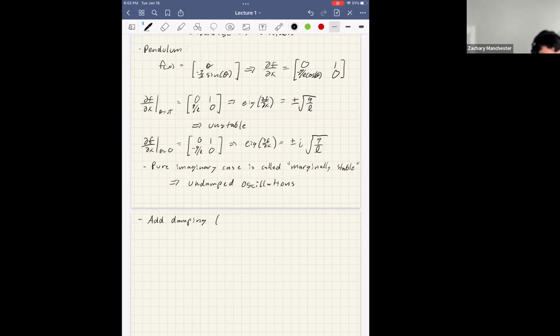So if I, for example, wrote down a feedback controller and I set u equal to minus, say, kd times theta dot, which is the equation for a damper, and I added this to the dynamics and then redid this analysis and computed the eigenvalues again, this would give this pure imaginary case a negative real part and would make it stable.